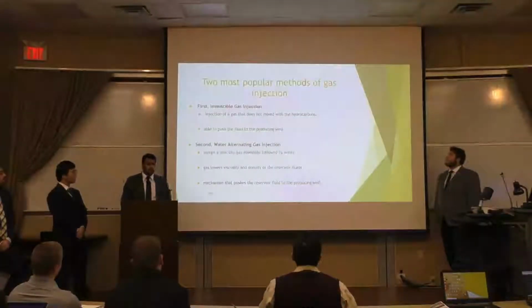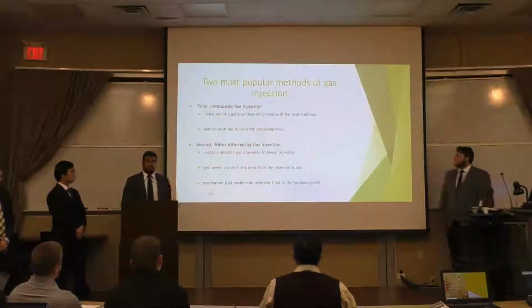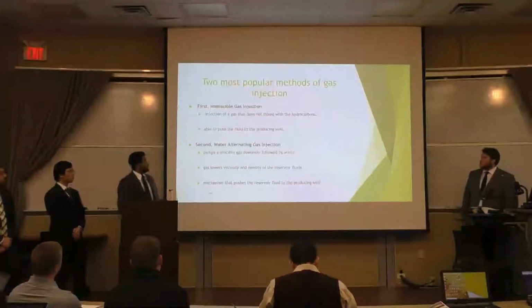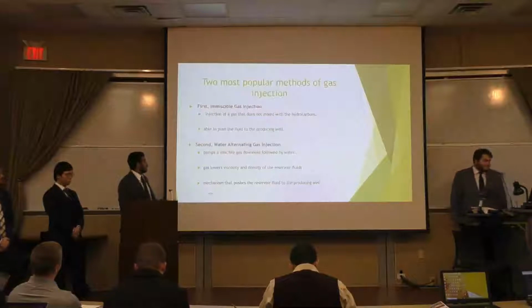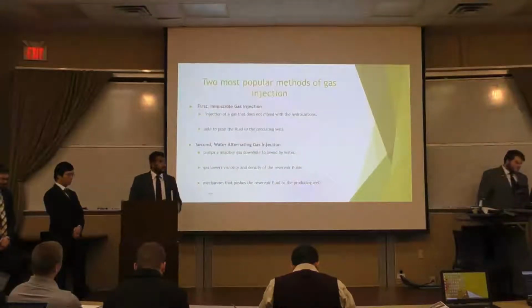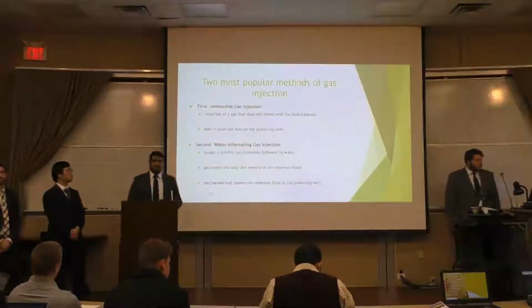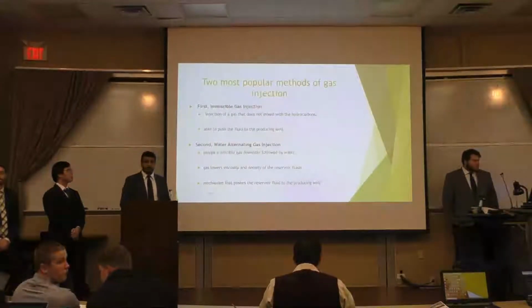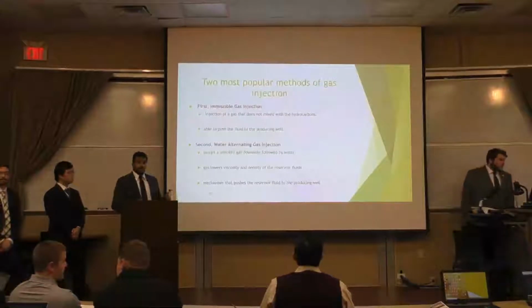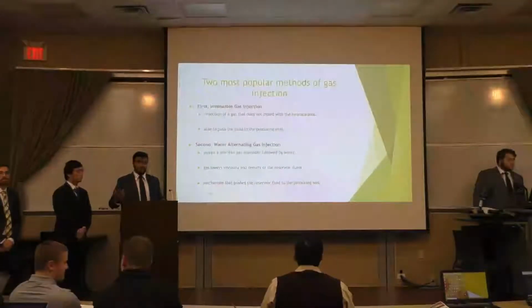There are two popular methods used for gas injection. One is immiscible gas injection, and the other is water alternating gas injection. The difference is that immiscible is injection of gas that doesn't mix with hydrocarbons in the reservoir, and it works as a mechanism to push the fluids.